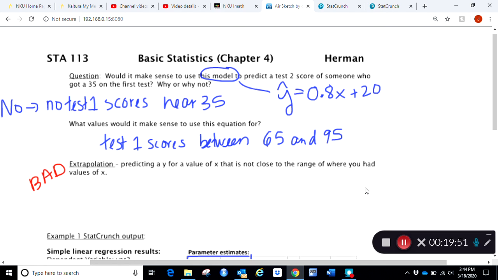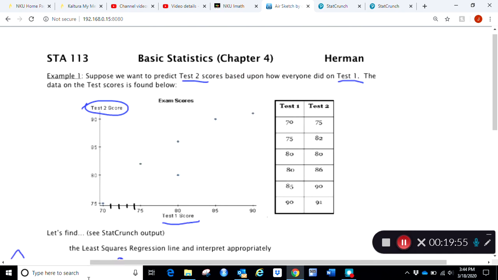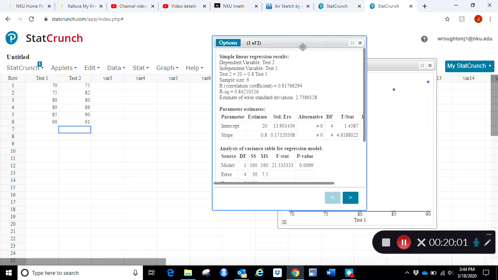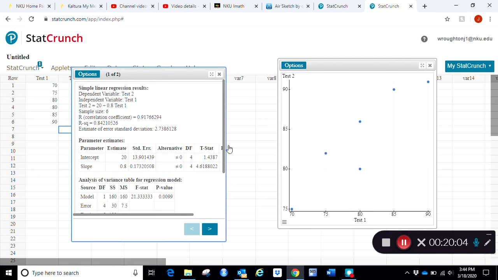So hopefully after watching this video, what I want you to feel comfortable with, one, is using StatCrunch to get both the scatterplot that you see here, as well as getting that intercept and slope from StatCrunch. So make sure you feel good about getting those things.